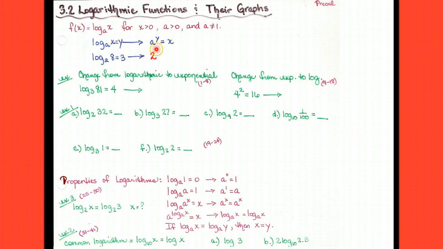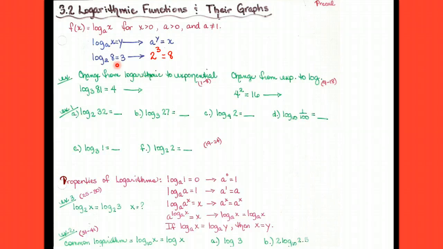Then the next thing I need is y for my exponent, so I can come over here and say, okay, y was 3, so my exponent will be 3. And then my answer needs to be x, so I can come over here and say x was 8, so I can give my answer of 8. So as long as I follow that pattern or that rule, then I can switch from my logarithmic form to my exponential form. And I could also go the opposite way. I could go from the exponential form back to the logarithmic form.